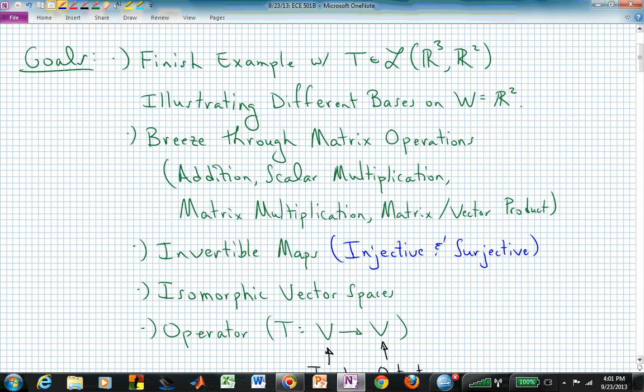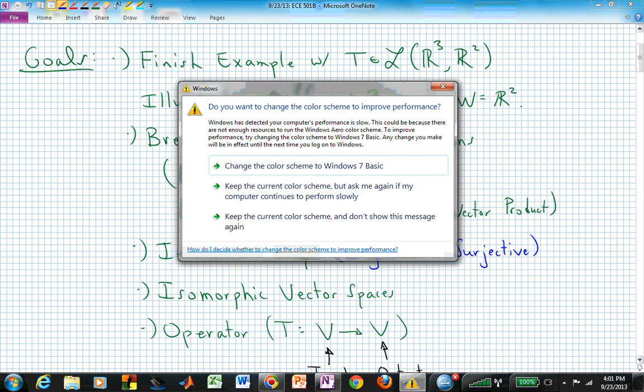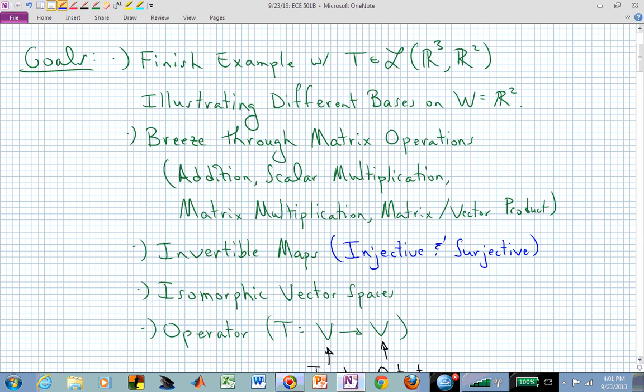Today, what I want to do is a lot. I would really like to finish up chapter 3, and you basically did that for your homework assignment. But let's look at this example that we started last time. I think that was part of your built-in homework that I gave as an announcement in class.